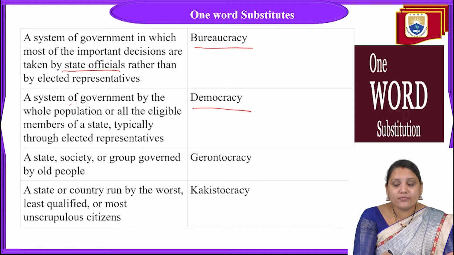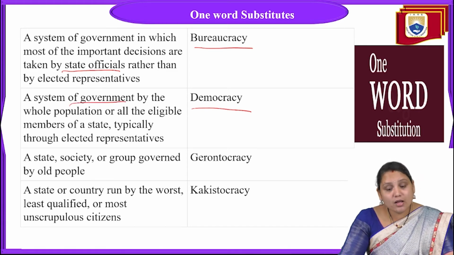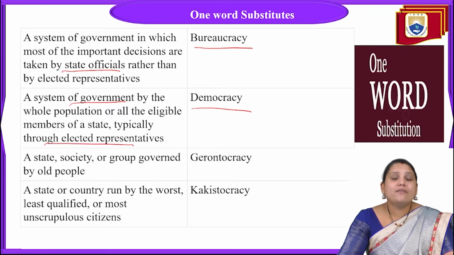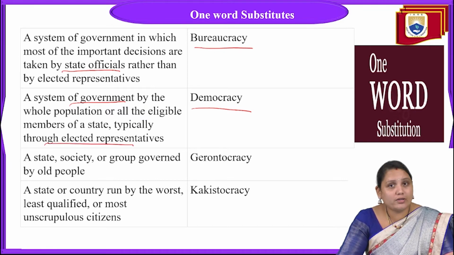A system of government by the whole population or all the eligible members of the state, typically through elected representatives. We have the right to vote, where we elect our own governing bodies. Isn't it? That kind of country is called a democratic country and it is termed democracy.